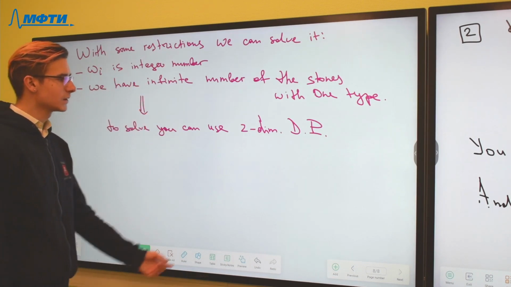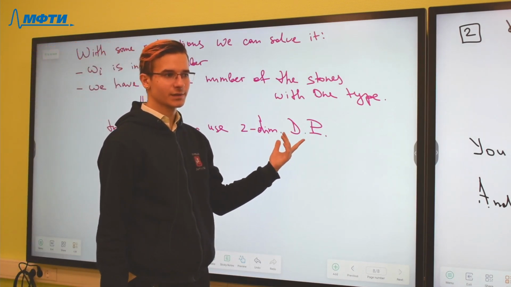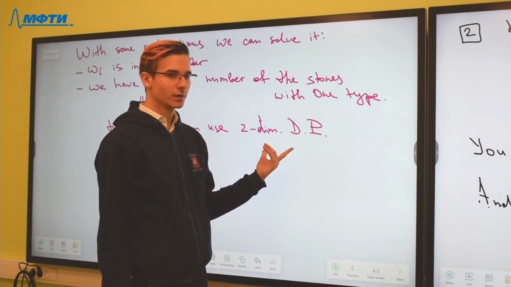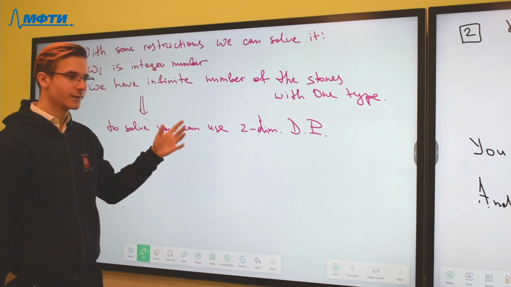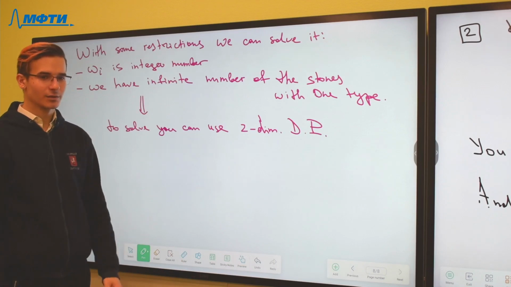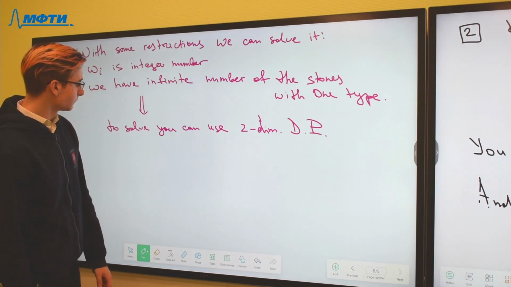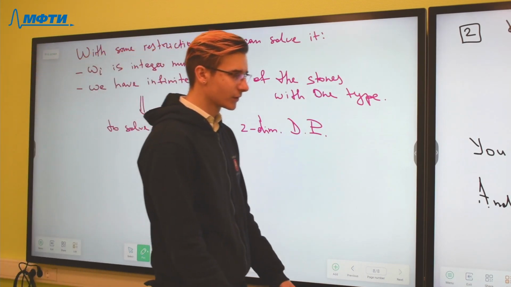You need to understand what is the matrix that we use to solve it, and what is the recursive formula that we have here. And then you use the algorithm that we talked about previously. So I think it's all about dynamic programming that we want to talk about.